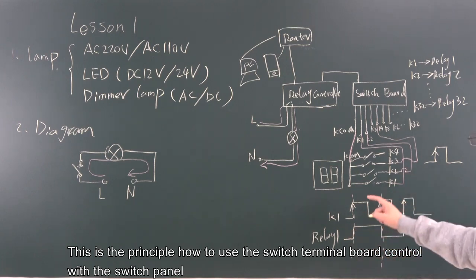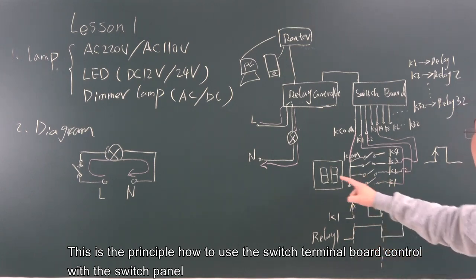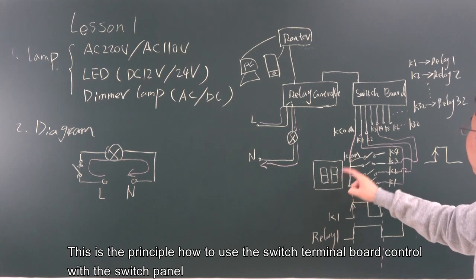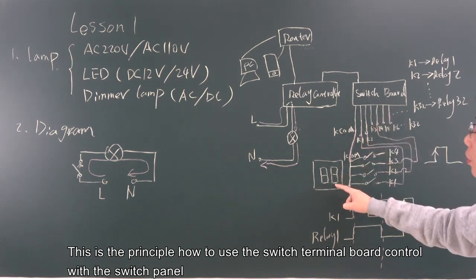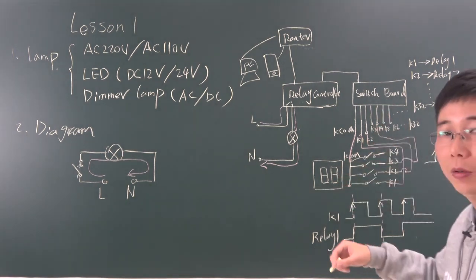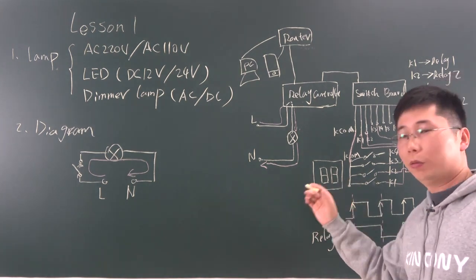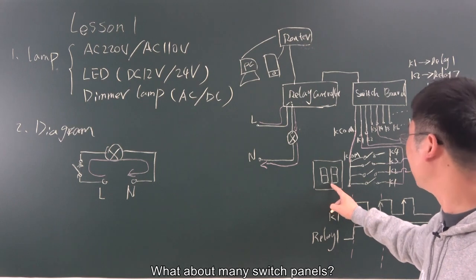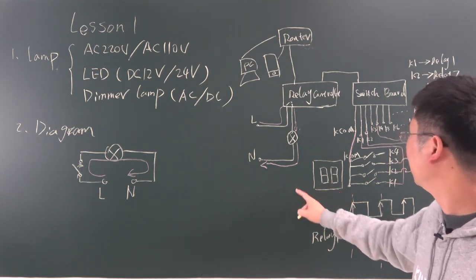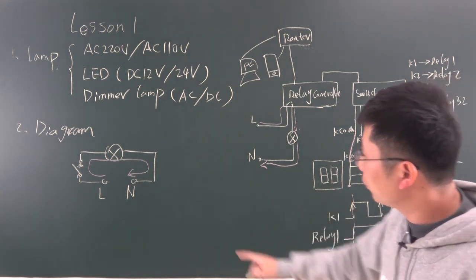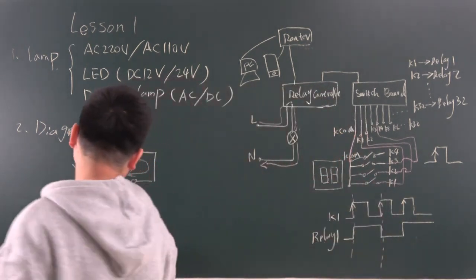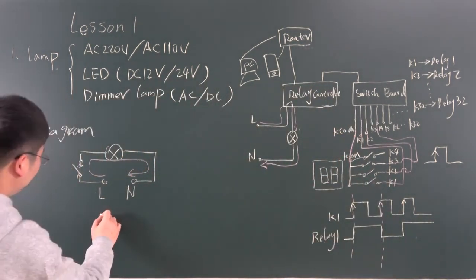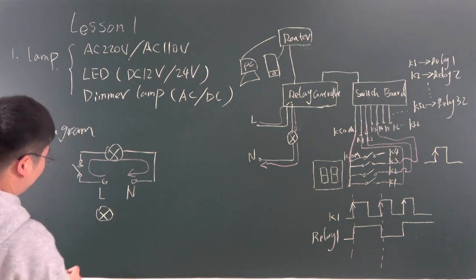This is the principle of how to connect the switch terminal board with the switch panel. And you may ask me, what about when you have many switch panels? Maybe you have 2 switch panels or 3 switch panels. If the older circuit, it will be like this.